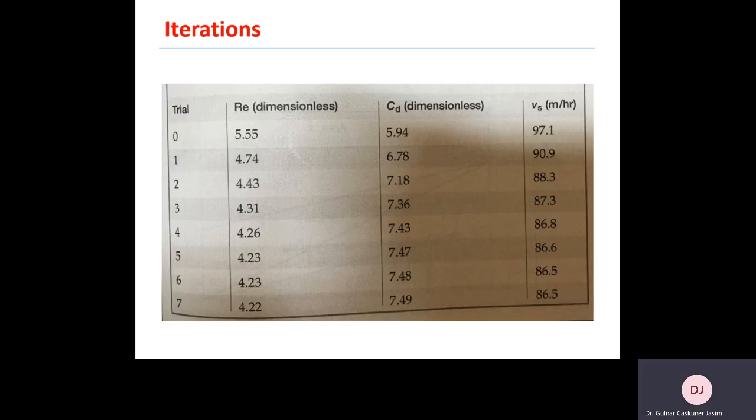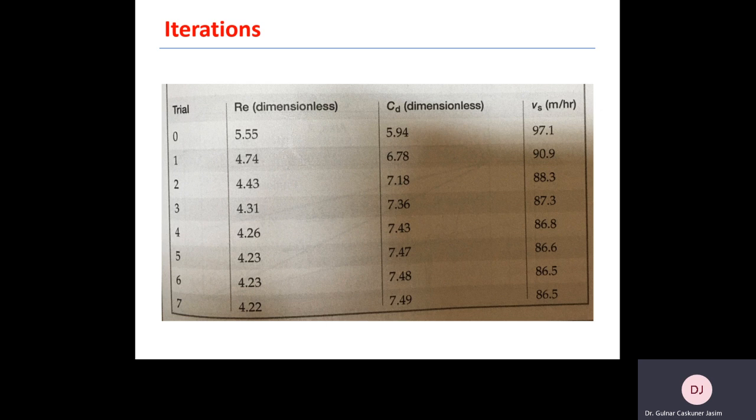You can see here the number of iterations, the calculated Reynolds number, which is a dimensionless number, the corresponding drag coefficient, which is also dimensionless, and the terminal settling velocity calculated using the equations of Newton's law.